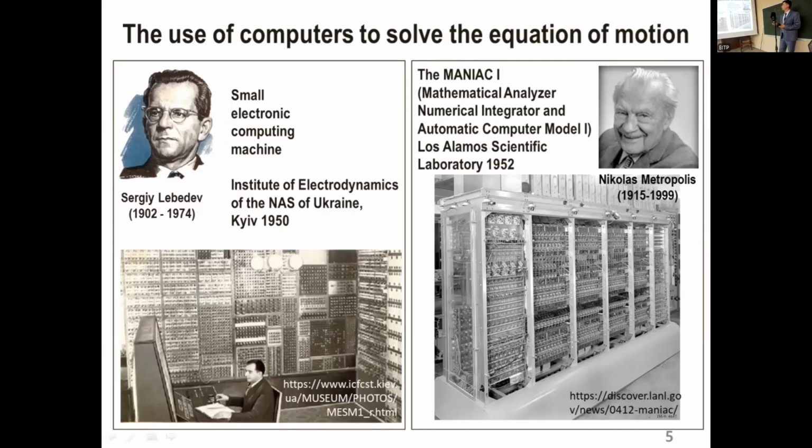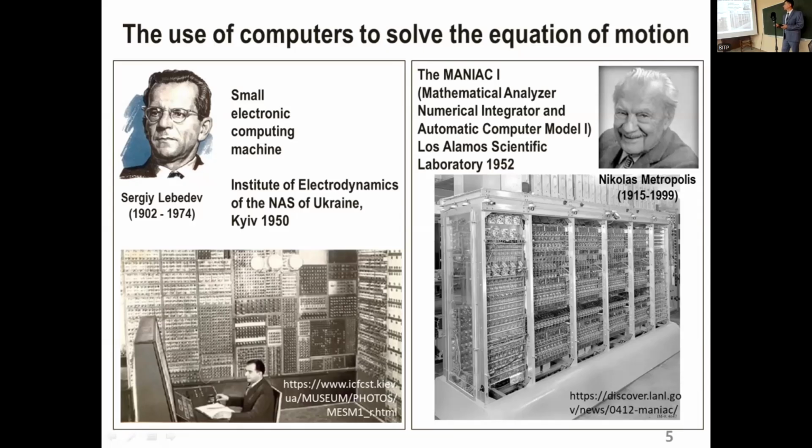At the same time, in 1952, another computer was constructed in the Los Alamos laboratory by Nicholas Metropolis and his group. This computer has the name MANIAC: mathematical analyzer, numerical integrator, and automatic computer model. You can see that it is also huge.